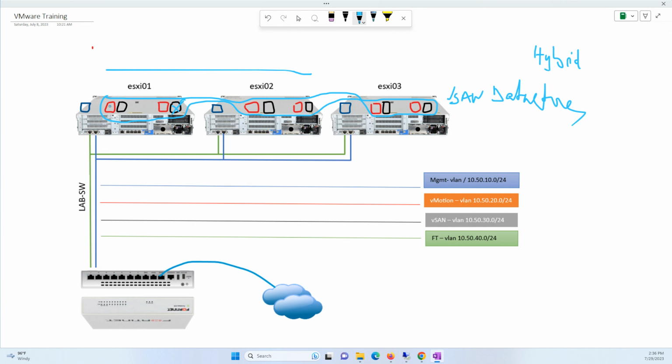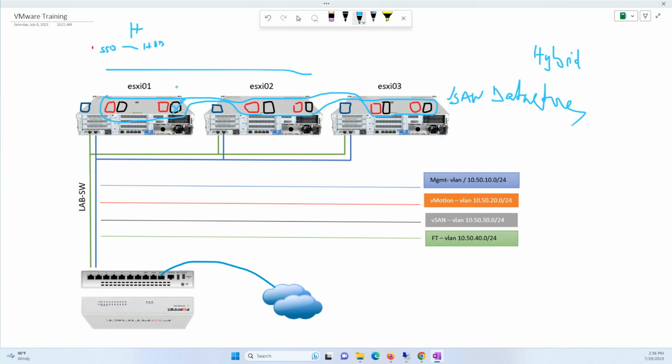That means it is faster for performance, and the capacity can be an HDD. So you have HDD, can be a SATA or SAS disk for the capacity, but for the cache tier, it should be an SSD. So this means it is a hybrid vSAN solution.